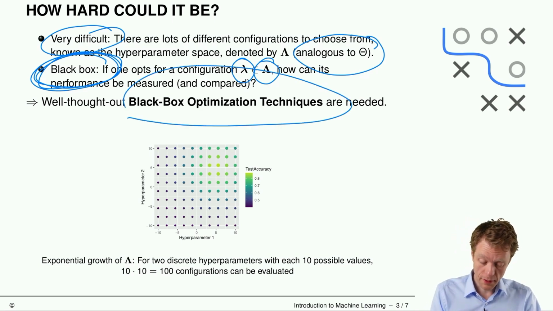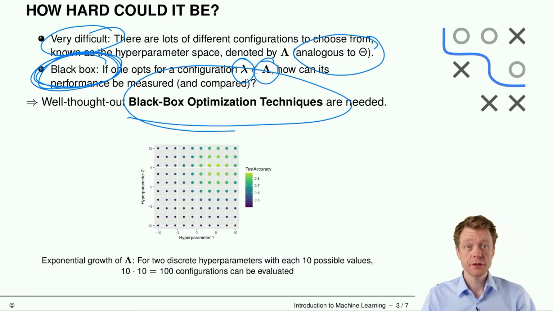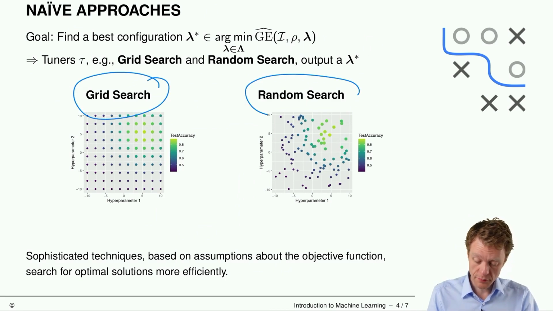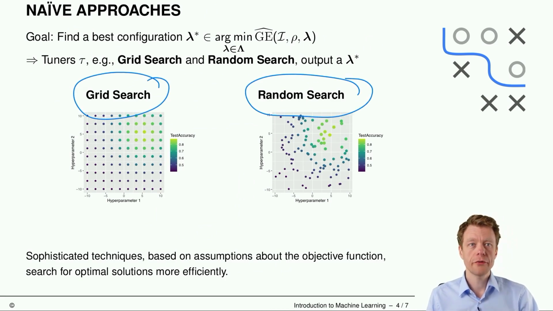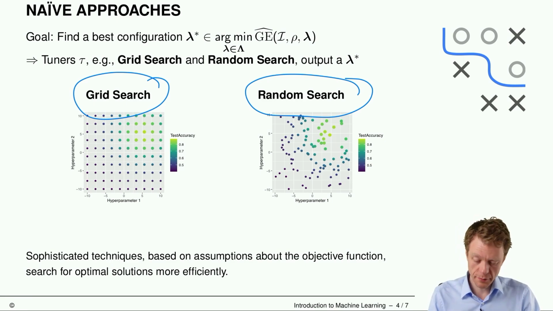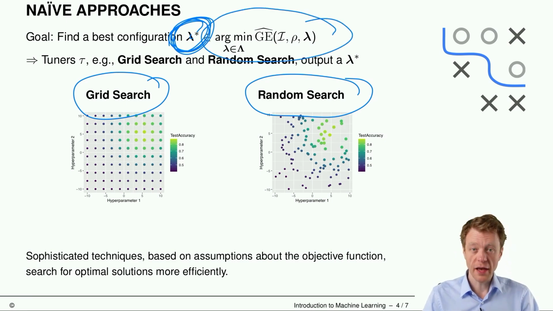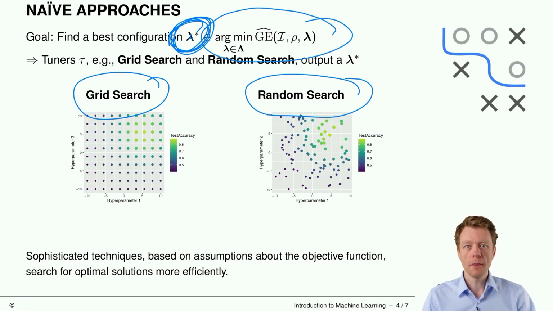So we need some black box optimization techniques to optimize the hyperparameters. I will just show you two examples here of these optimization techniques, namely grid search and random search. And the goal of these approaches is always to find the best configuration lambda star, which leads to the best generalization error, so the smallest generalization error on, of course, new unseen test data.